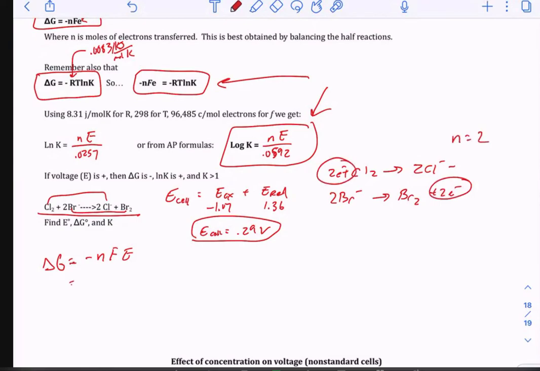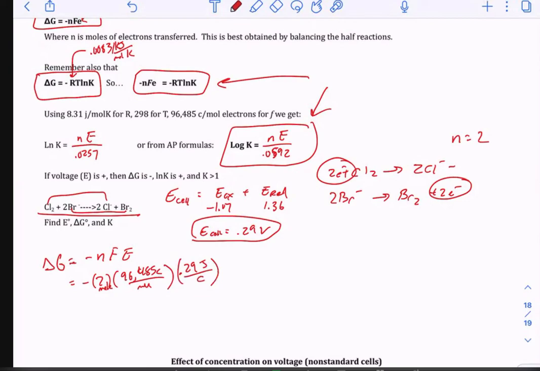So, negative 2 times 96,485 coulombs per mole. And the unit, by the way, on n is moles. And then our voltage, we said, was 0.29, which is joules per coulomb.